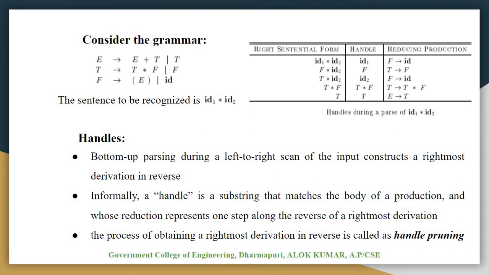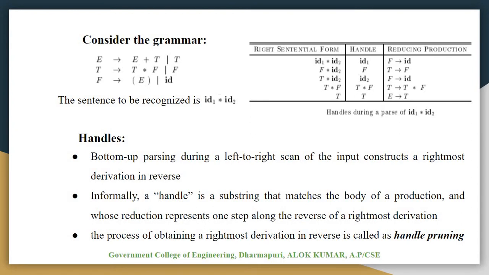So these are the production rules, and suppose the input is ID into ID, or we can say ID1 into ID2. If we take one input string, then based on this input string and these production rules we have to construct one parse tree.